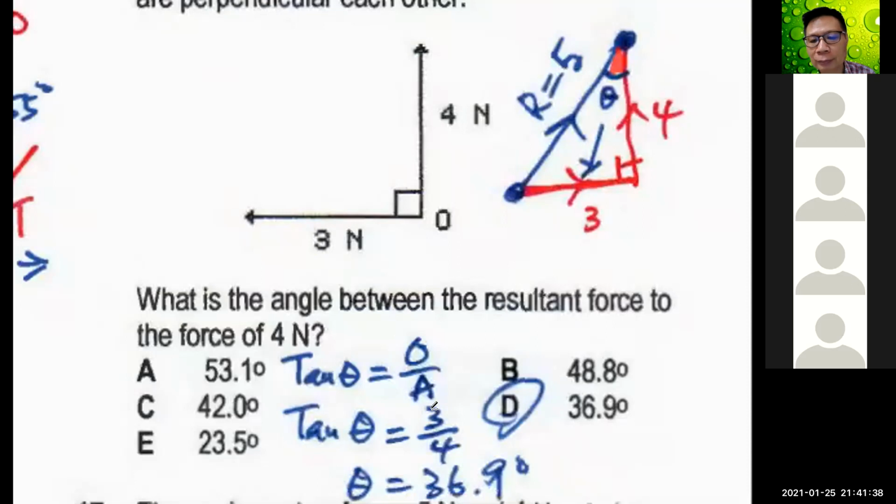So use a calculator, shift tangent 3 over 4, you get 36.9. So answer D. Yes, Justin correct. Nicole also correct, I think, right? That means there must be people who can get the answer in this group. Every time I ask any question, surely someone gets the answer.